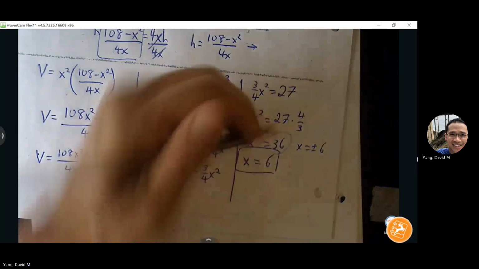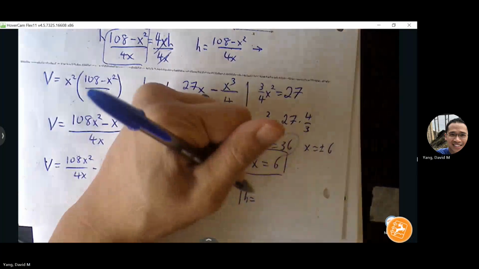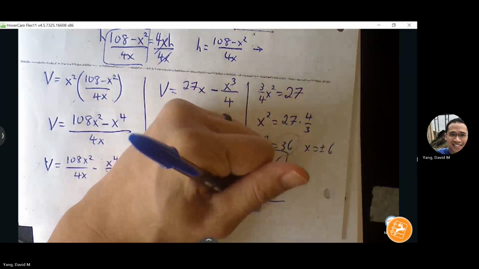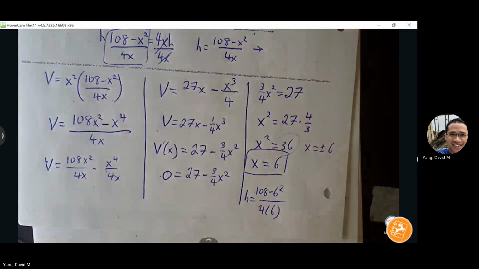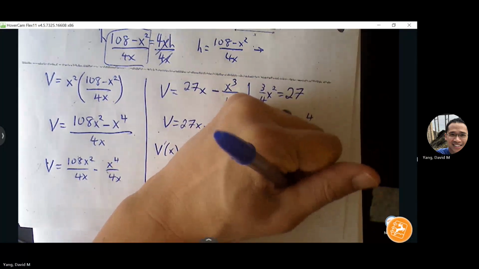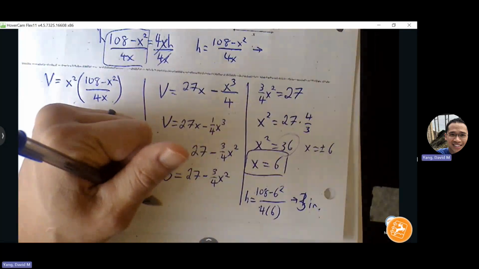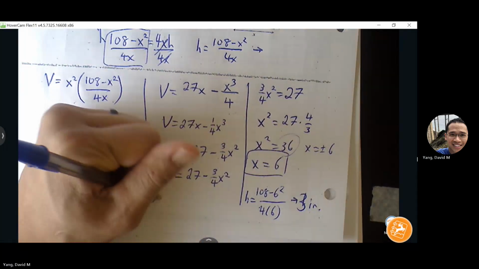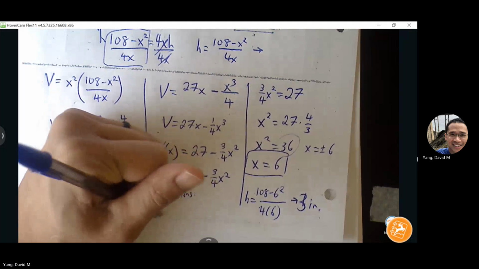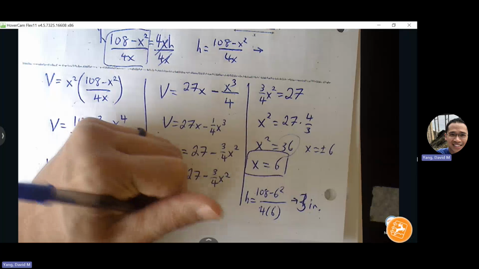Plug that in. I got 3. Did you guys get 3? Okay, so the dimensions are 6 by 6 by 3 inches.